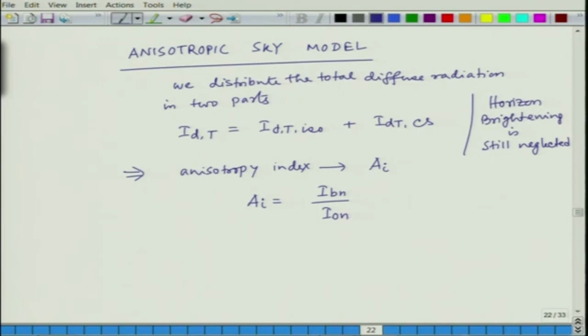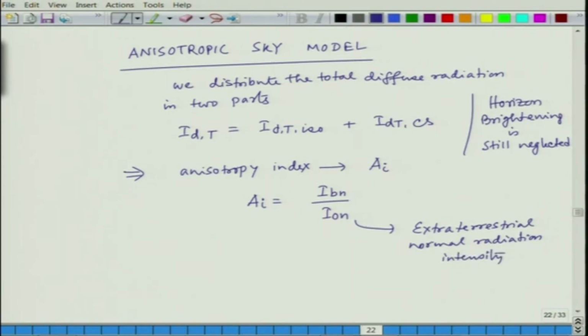What is that? Okay, first the most basic thing, that ION is our extraterrestrial normal radiation intensity, right.